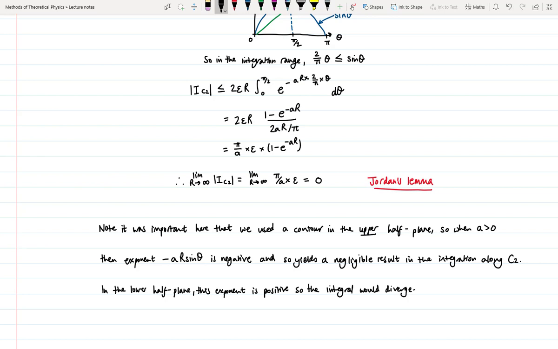So in this case, where a was greater than 0, we had to take the contour lying in the upper half plane. However, a contour in the lower half plane would be suitable if the parameter a, the real parameter a, was actually less than 0.